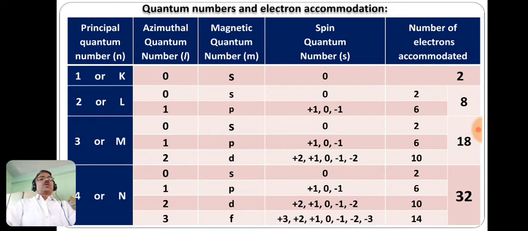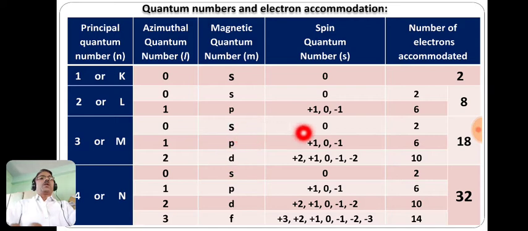Similarly, for the third energy level, when the principal quantum number is 3, or the shell M, the possible azimuthal quantum numbers are 3, that is 0, 1 and 2. The subshells are s, p, d.